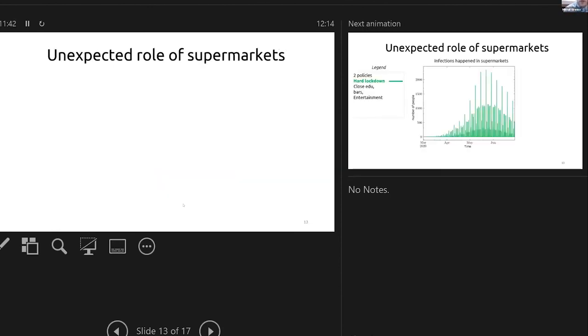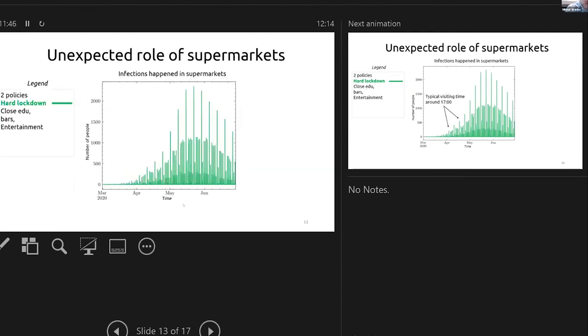Something pretty interesting from our model is about the supermarkets. Again, the graph has time on the x-axis and number of infected people on the y-axis, and these are the infections that happen at supermarkets. If you do a hard lockdown and close everything but leave only the supermarkets open, the number of infections in supermarkets is very, very high, because this is the only place where people meet.